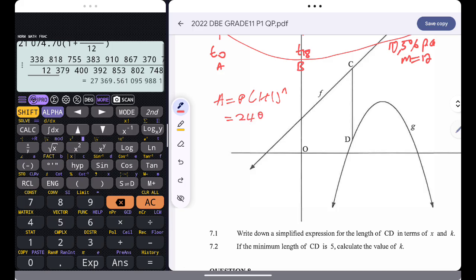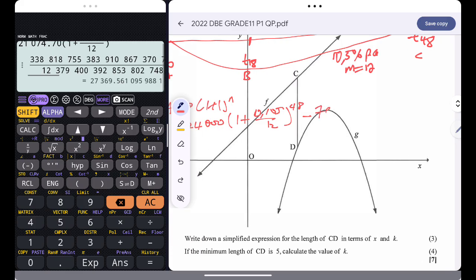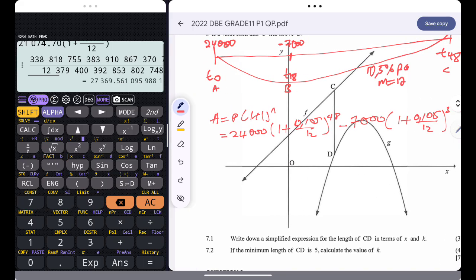You can just take 24,000 times 1 plus 0.105 all over 12, all raised to the power 48, minus 7,000 times 1 plus 0.105 over 12, all raised to the power 30. And then this should give you the final answer.